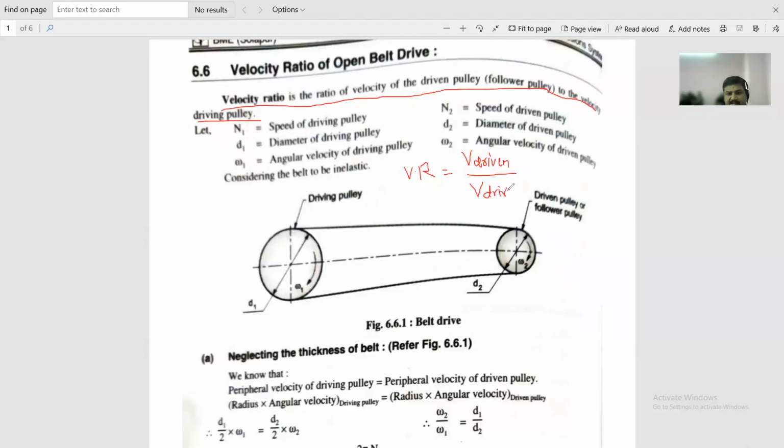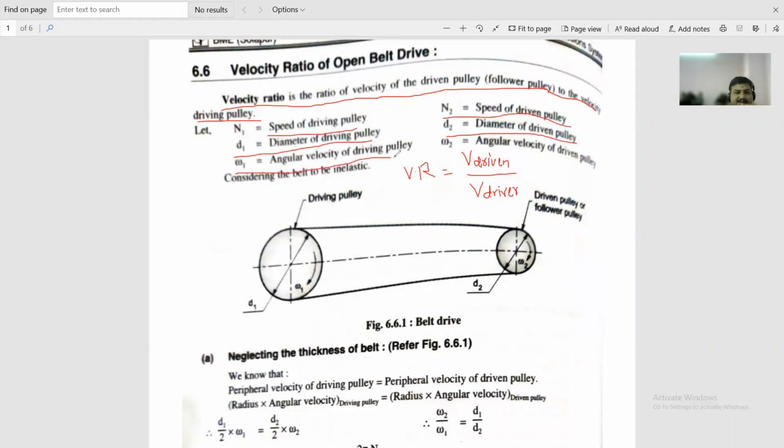And like the gear drive, here also N1 is nothing but speed of driving pulley, N2 is speed of driven pulley, D1 is diameter of driving pulley, D2 is diameter of driven pulley.